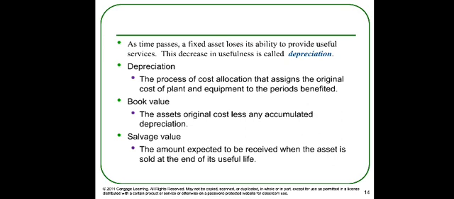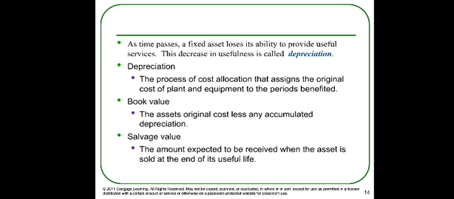When you want to calculate the depreciation, you have to know about the book value. The book value is the asset's original cost less any accumulated depreciation. We will see that later in a later slide. And then you have to know salvage value. Salvage value is the amount expected to be received when the asset is sold at the end of its useful life.